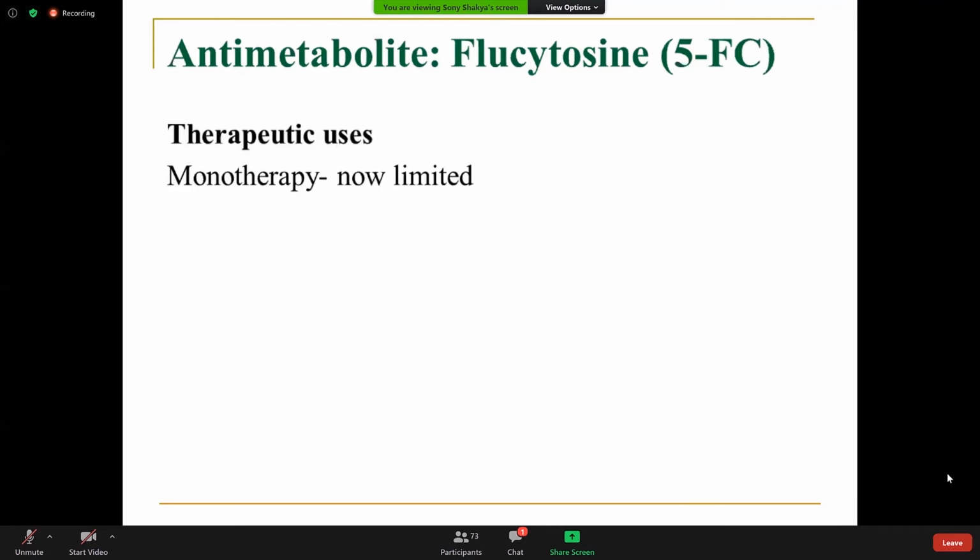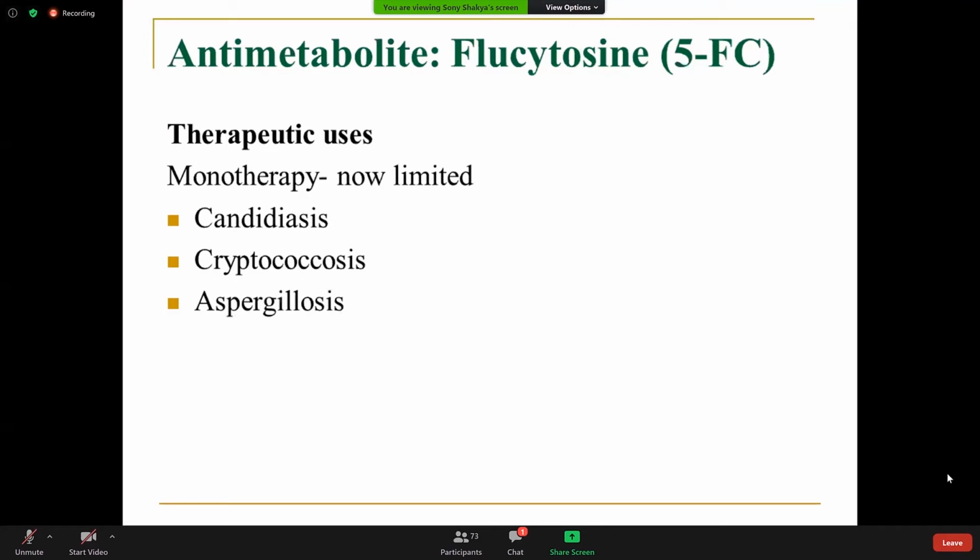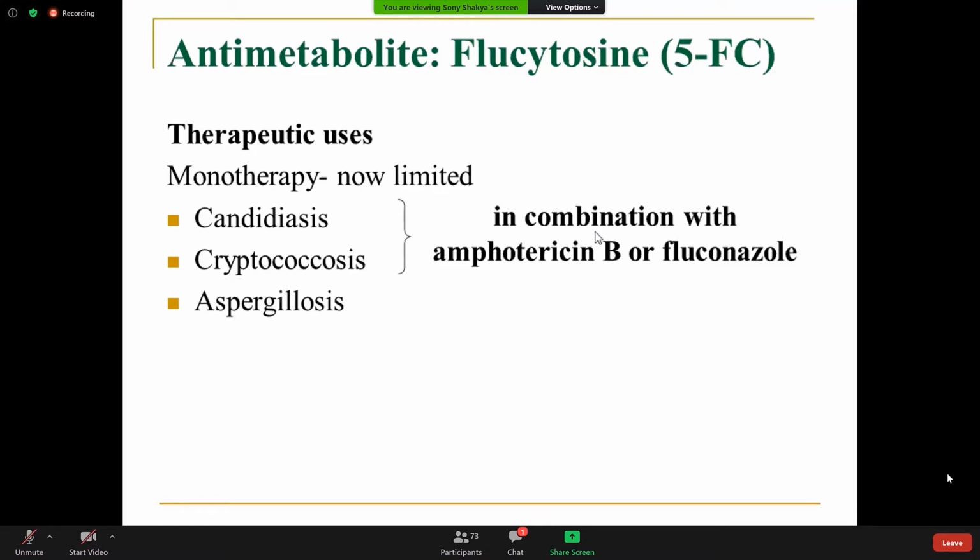So what are the therapeutic uses? As monotherapy, its use is limited. As a single agent, it is not used. However, it has been added with other drugs. As an adjunct, flucytosine is used in a few conditions like candidiasis and cryptococcosis. In aspergillosis, it is sometimes used, but that is not so common.